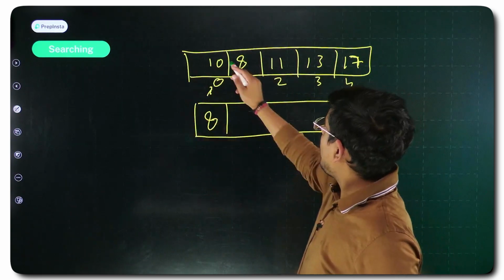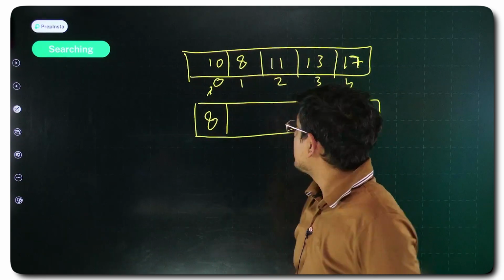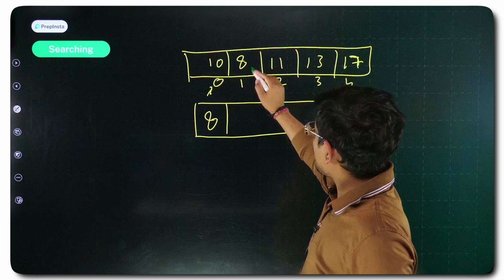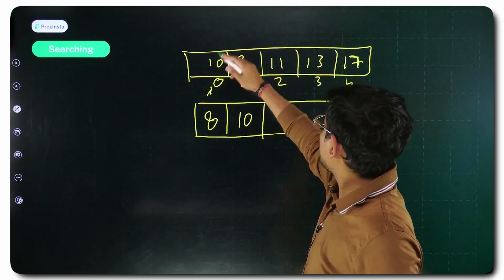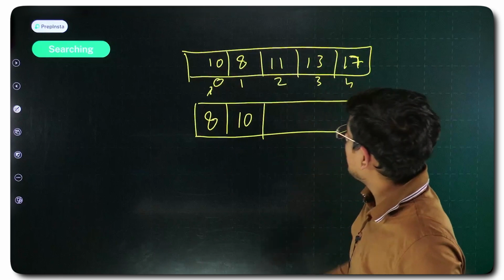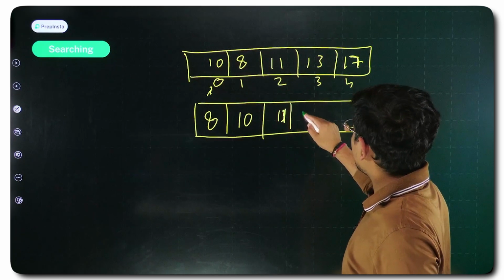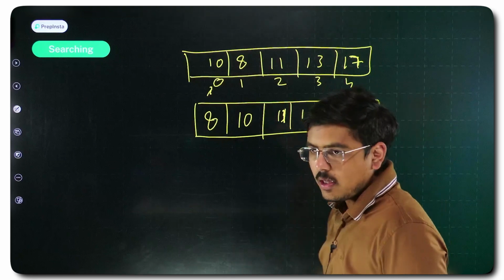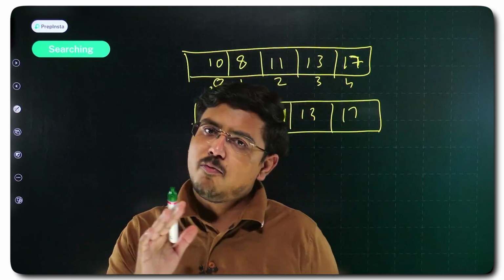Now, out of the remaining portion, 10, 11, 13, 17, check again which is the minimum. 10 is the minimum. Swap it and put 10 at the second place. Fine. Now, check which is again the minimum. 11, 13, 17. 11 is the minimum, then 13 and then 17. Okay. How this will happen using a program, I'll just explain you with an example of program as well.